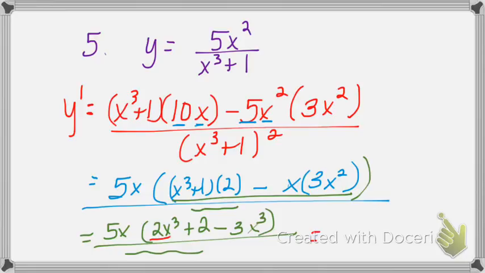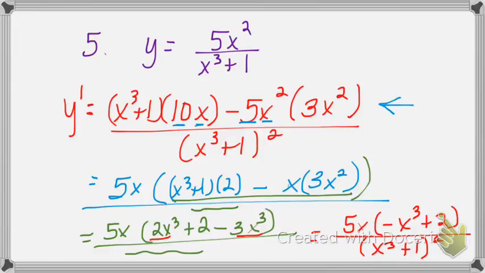And then one more step since these are in common: 5x times negative x to the third plus 2 over x to the third plus 1 squared. On this problem, I think it probably would have been okay at this step to multiply out first and then factor out what's in common. But it's just going to take practice to see where it would be easier and where it's not easier. Nothing cancels at the end, so that's the final answer.